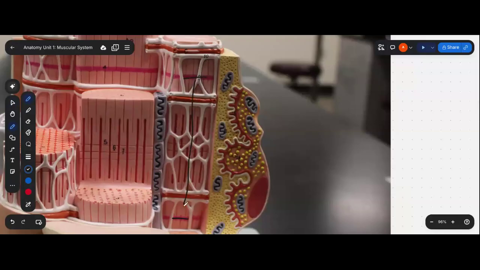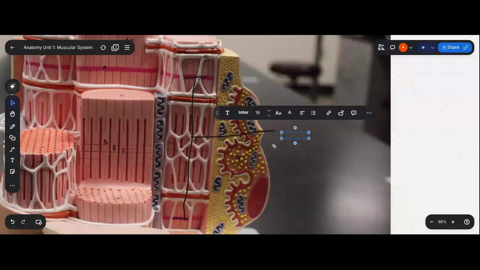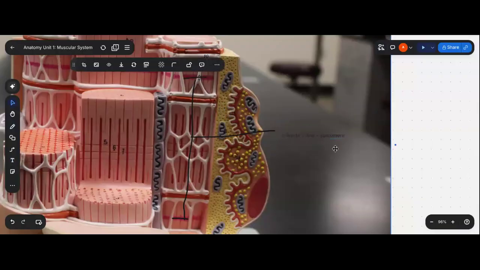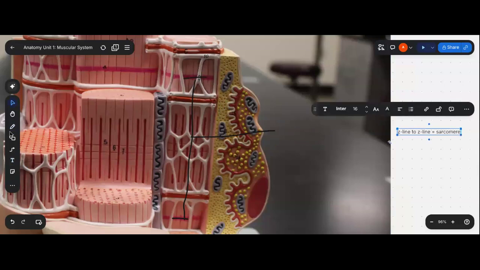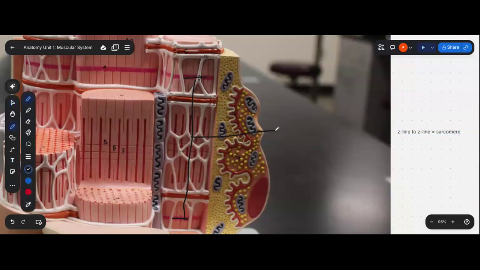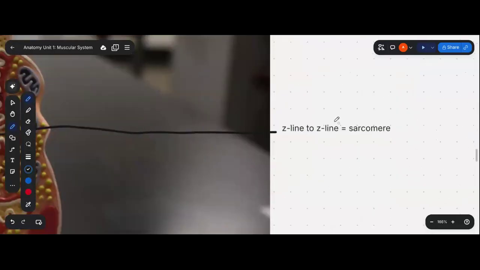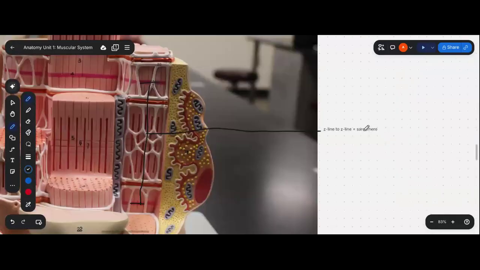From here to there, that is a sarcomere. So Z line to Z line equals sarcomere. I'm going to put this over here so it's easier to see against the white background. All right, Z line to Z line is a sarcomere.